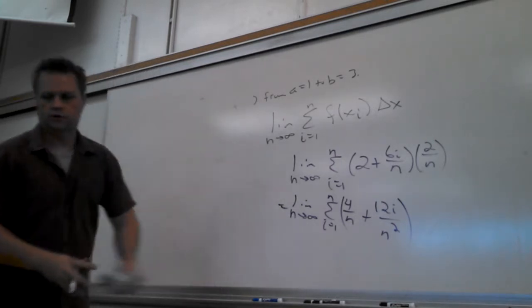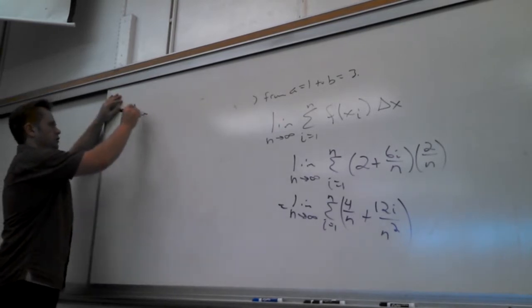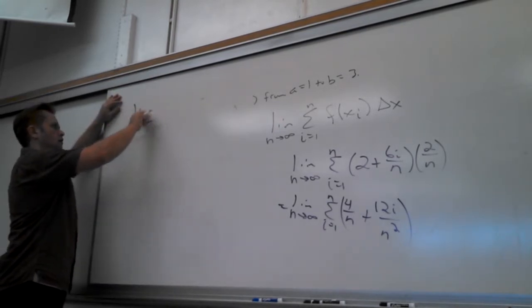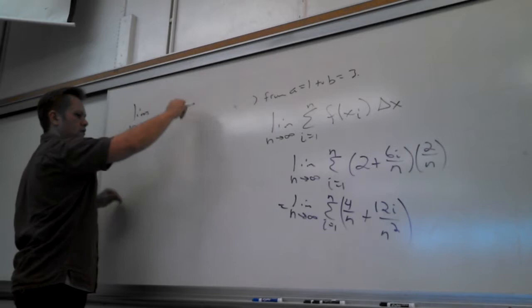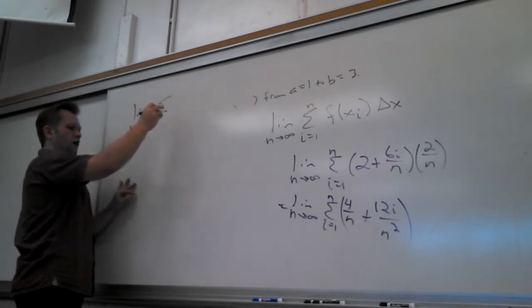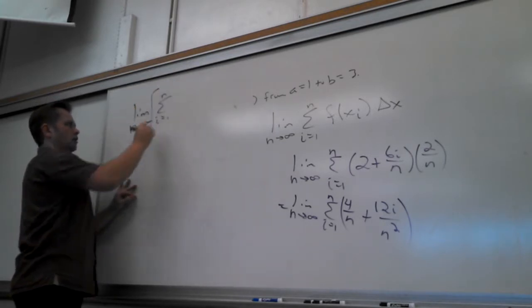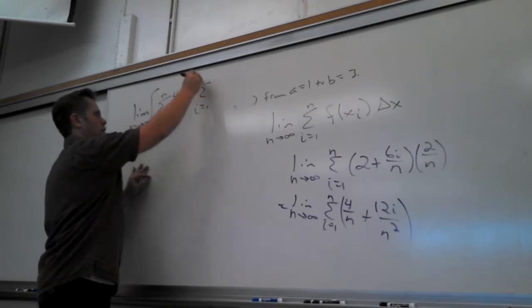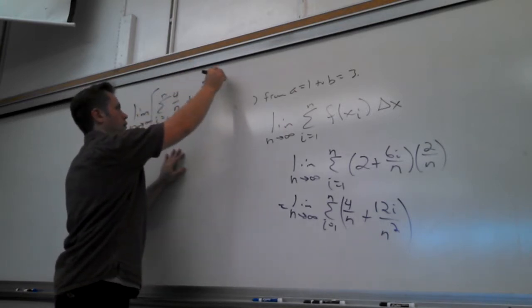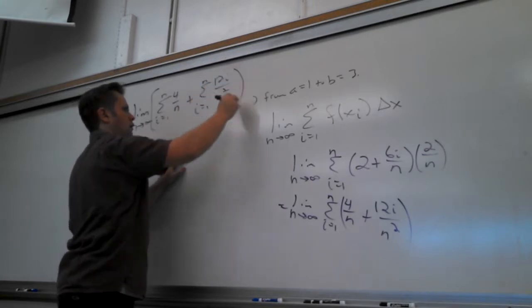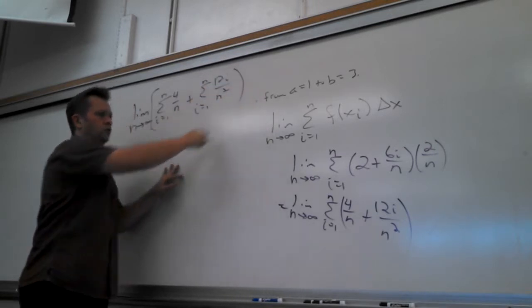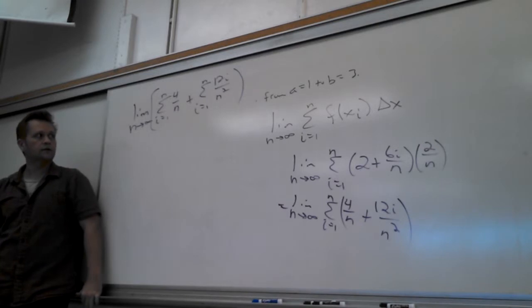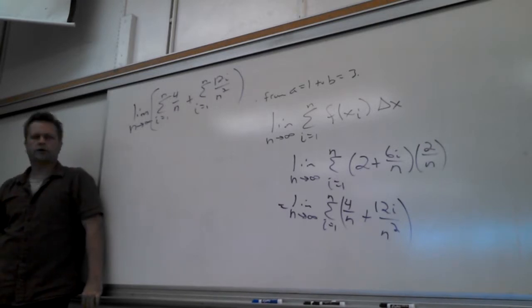Alright. So let me go one step further, and then you'll start to see maybe what I mean. So if I split this sum up like this, you start to have a little motivation as to what has to come next.